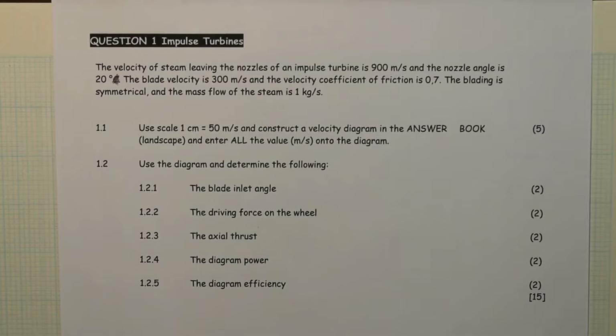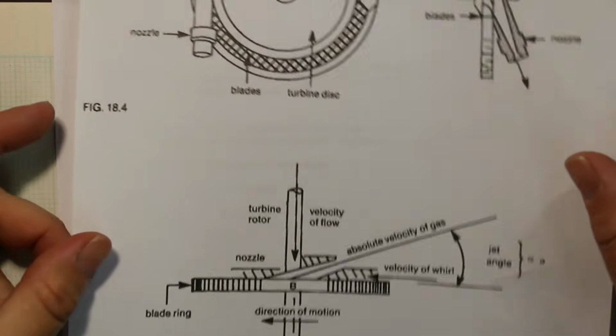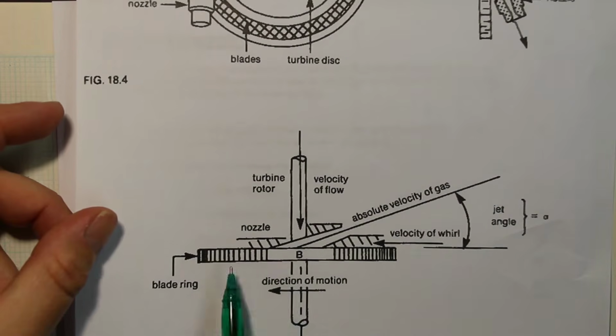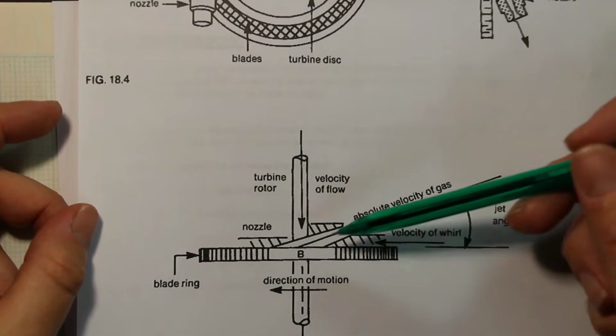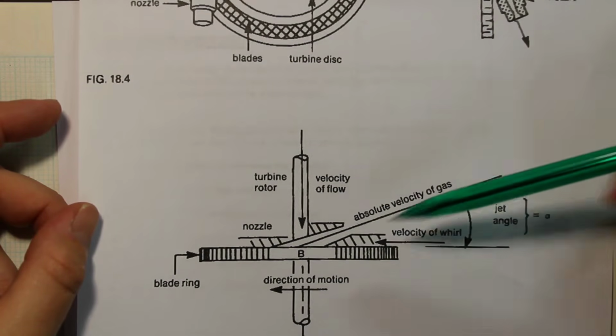It says here the velocity of steam leaving the nozzle of the impulse turbine is 900 meters per second. Remember, there are the rotating blades, the blade ring, and that's what's rotating, and the steam is shooting in through a nozzle at a certain velocity and at a certain angle.